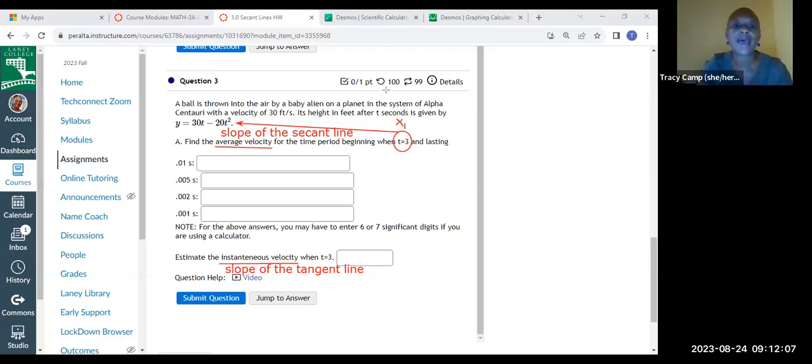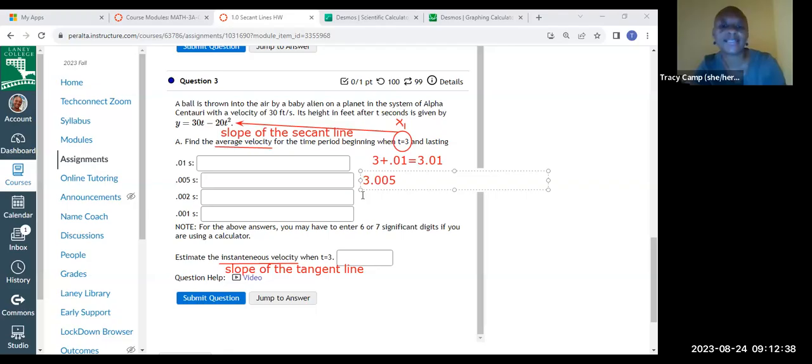So if you're starting at 3, but then you go 0.01 seconds, your new value, or your X2, ends up being 3.01. So that's just something to be careful of. So for the next one, your X2 would be 3.005.